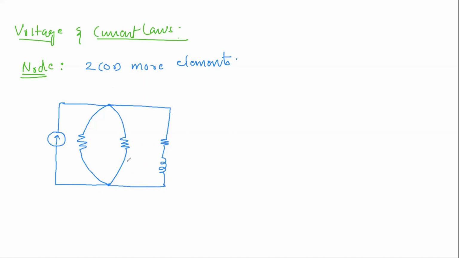Now tell me how many nodes are there in this circuit. I have not given any values, but don't think this is not the correct representation. Our aim is to find the number of nodes, not the currents and voltages.